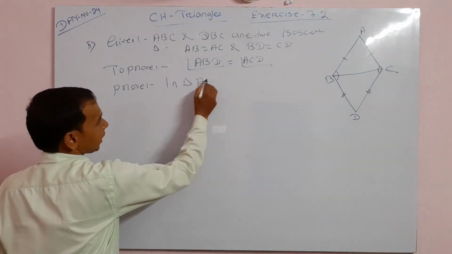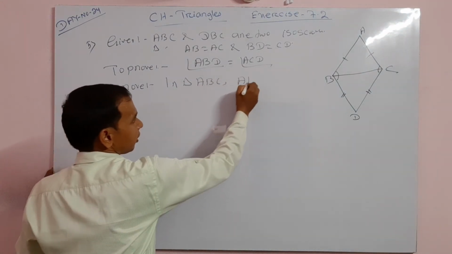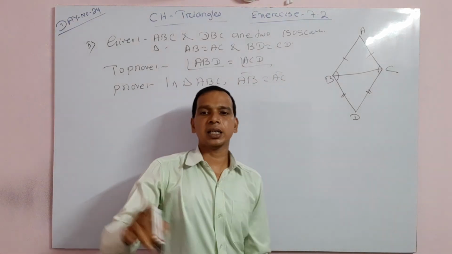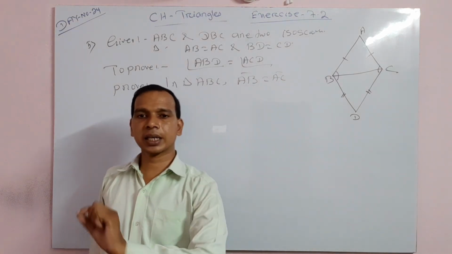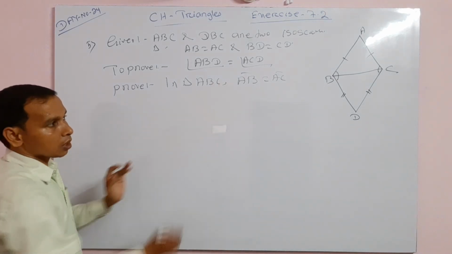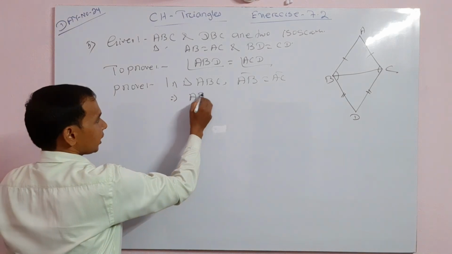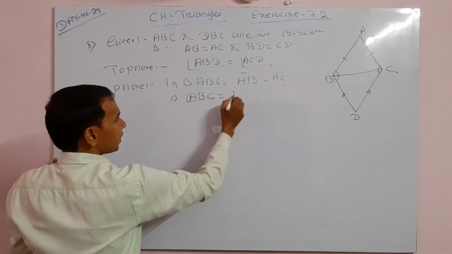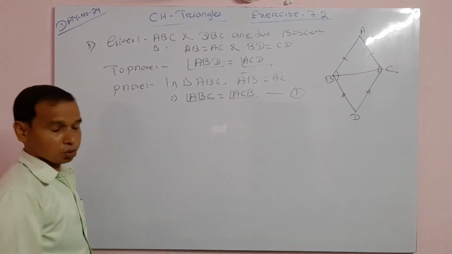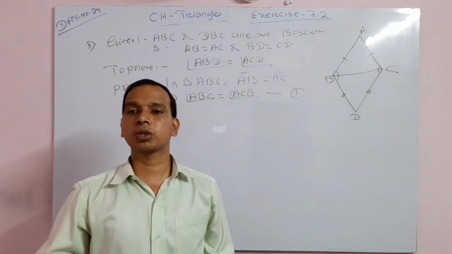In triangle ABC, AB equal to AC. You know, in an isosceles triangle, the angles opposite to equal sides are also equal. As AB equal to AC, you can write ABC angle is equal with ACB angle. This is equal because the angles are opposite to equal sides.